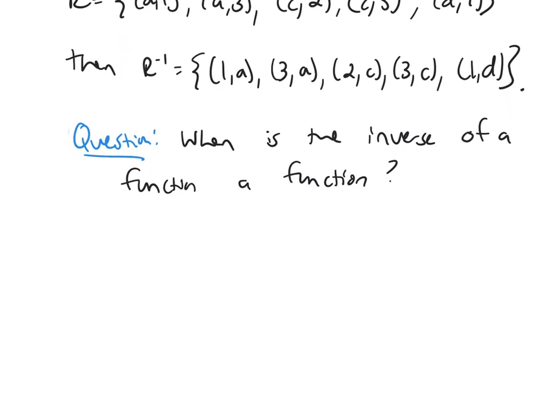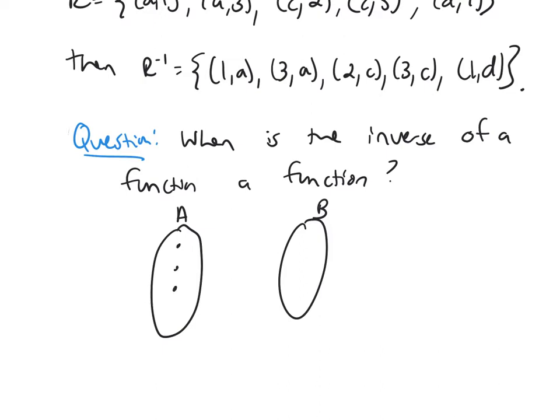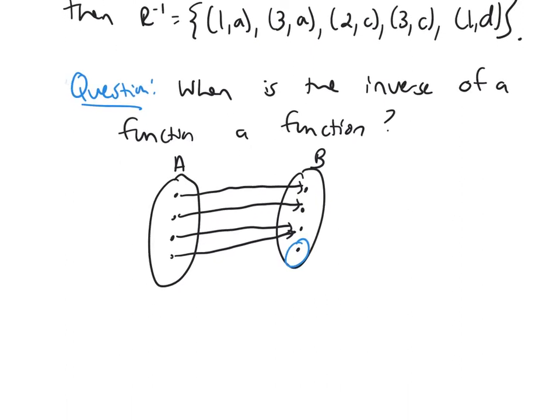So you can think in terms of pictures, of a function from, let's say, A to B. Well, it's essentially that you're flipping the arrows. If I flip it, this won't be a function because this element here in B doesn't go anywhere. So your function needs to be onto, and it also needs to be one-to-one as well.